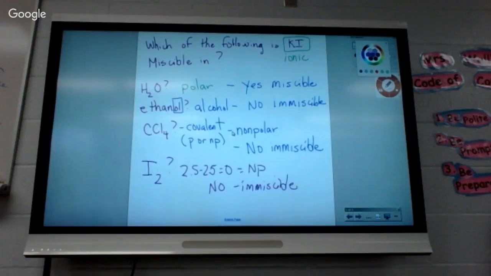So what now? Alcohol dissolve in alcohol. Yes. Remember, like dissolves like. Oh, right, okay.